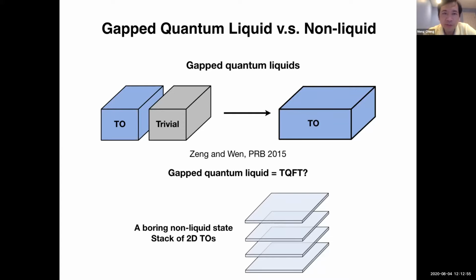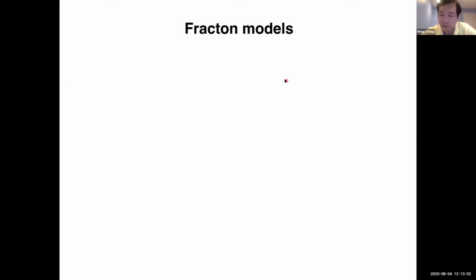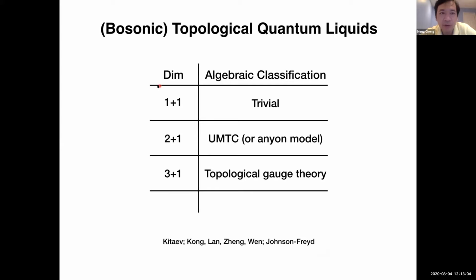So we have a nice classification of bosonic quantum liquids, well, also fermionic, I guess, but here I only give the bosonic ones. So we know that in 1+1, there are just all trivial states. Here there are no symmetries. And in 2+1, it is believed, with very strong evidence, that all the topological order states are described by a unitary modular tensor category.